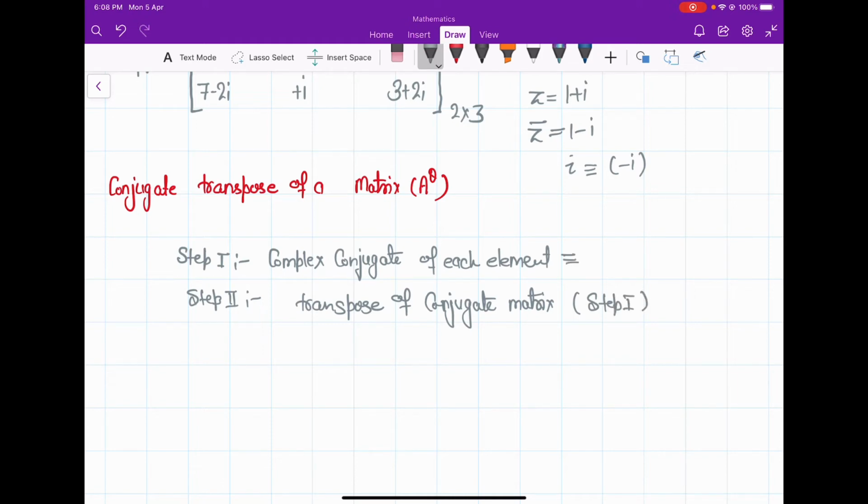So from step 1 you will get the conjugate matrix, and from step 2 you will get A to the power theta, that is the A theta matrix, which is known as the conjugate transpose of a matrix.